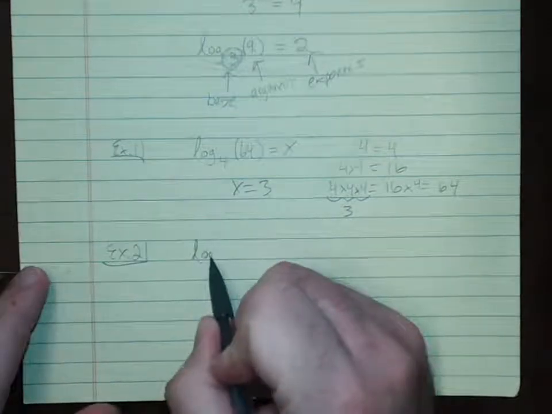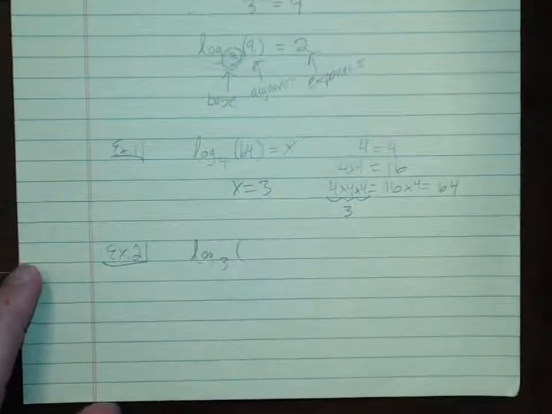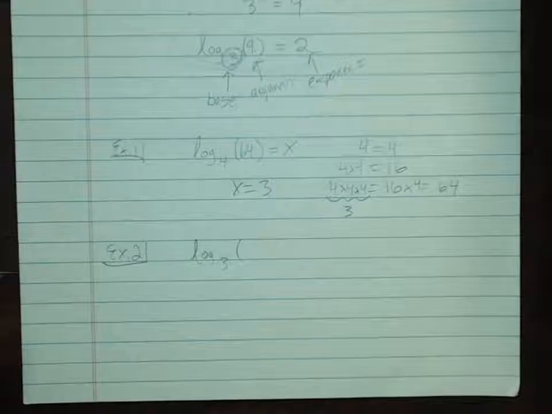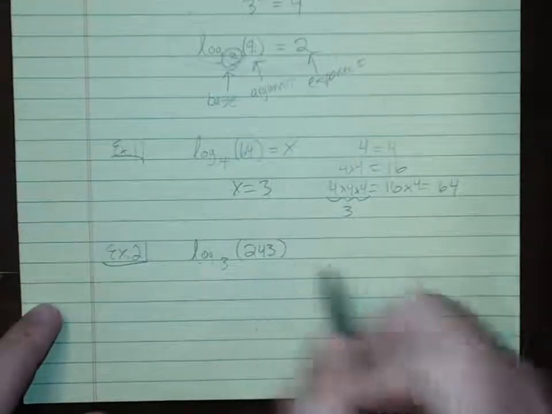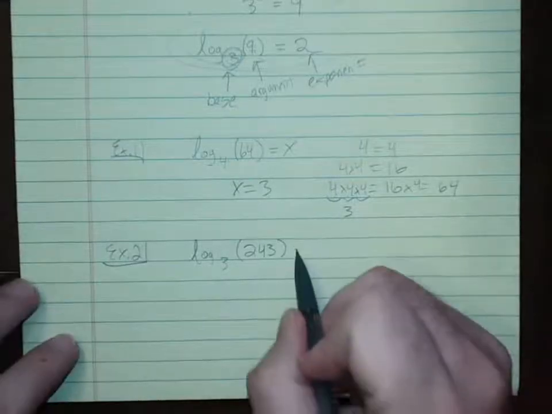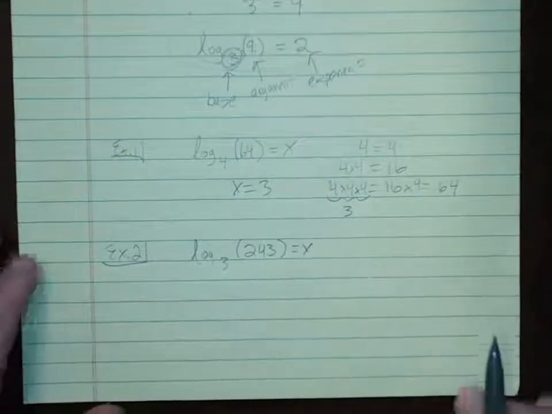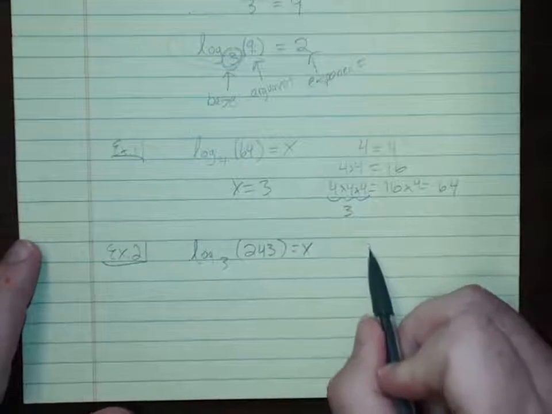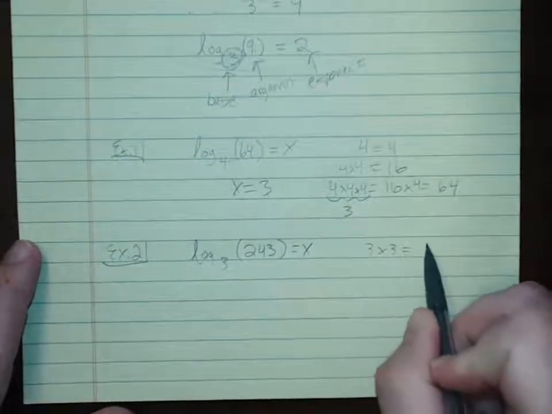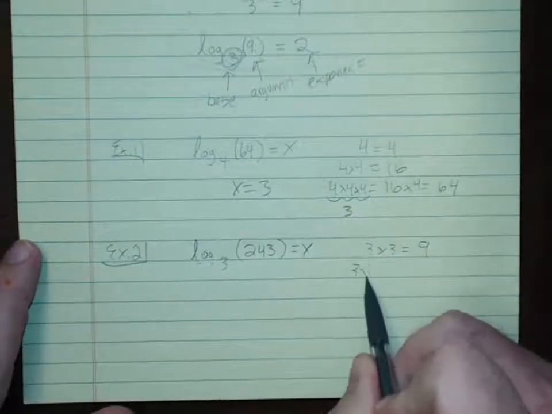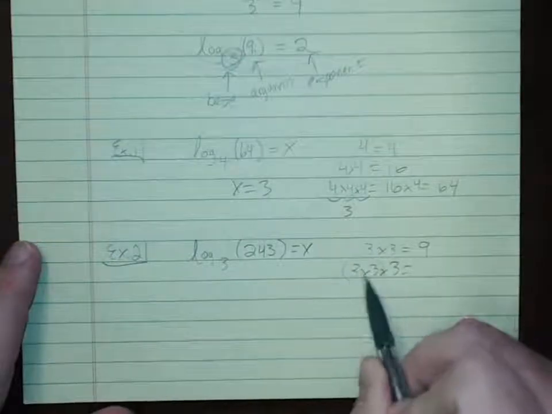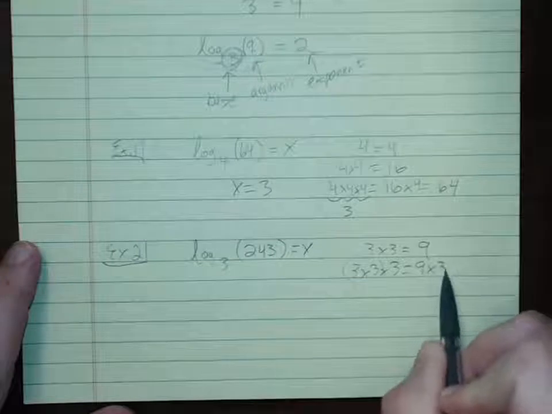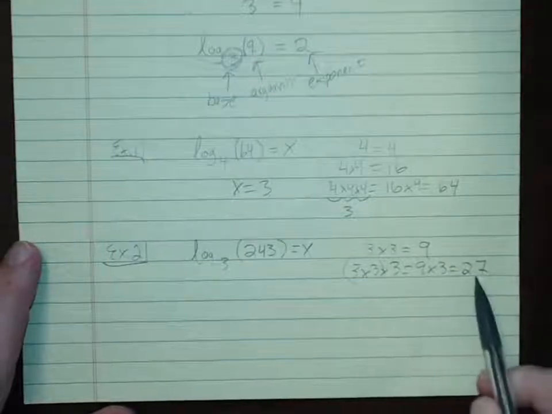What if we had the log base 3 of 243? I know that seems like a big number, but trust me on this, and it equals x. Well, 3 times 3 is 9. 3 times 3 times 3, that would be 9 times 3, which is 27. Still not there.